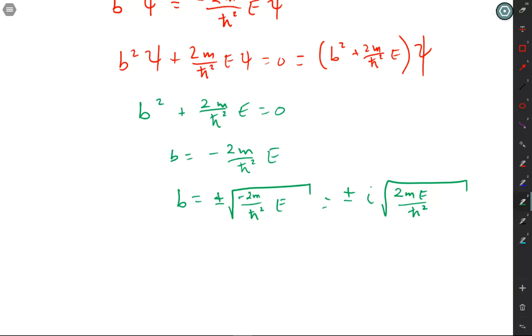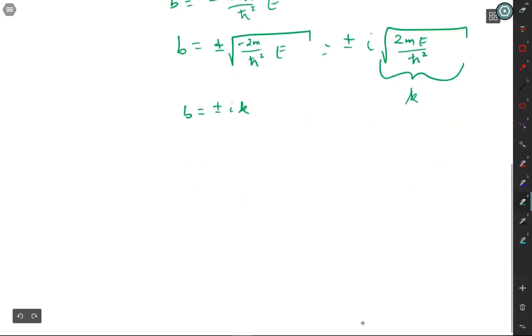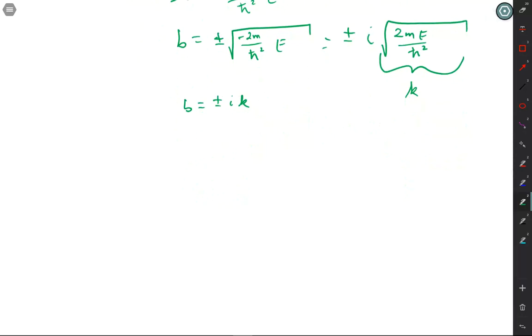Now let's make life simpler for ourselves, and let's call this right here k. It just makes life easier, right? A lot less to write. So we're going to have b is equal to plus or minus ik. What does it mean now? We did some math. We found the value for b. So let's put that back in.